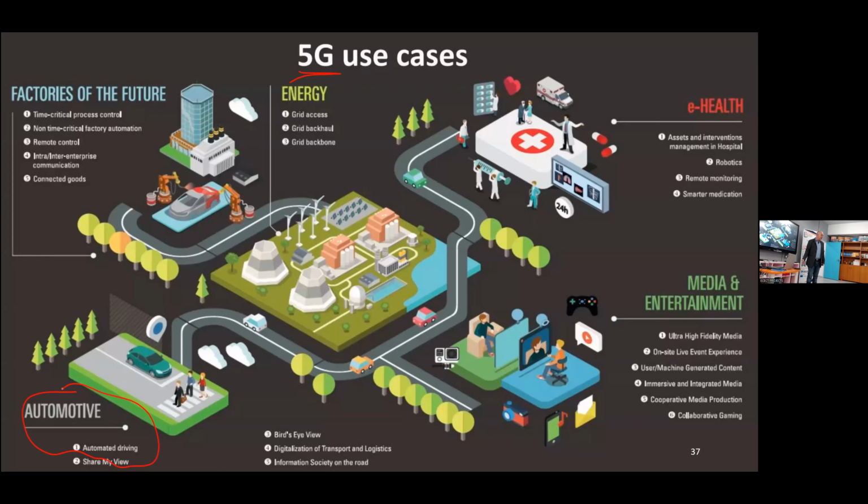So today we have 5G, and the upcoming 6G, they believe that it will help for automated car driving and the factories of the future, energy, etc., and e-health. So all these wireless technologies tend to help the evolution of Internet of Things.